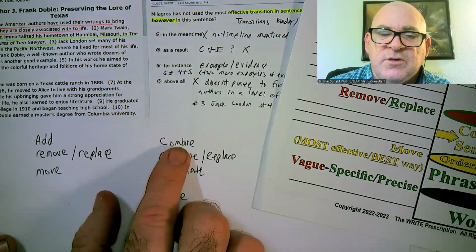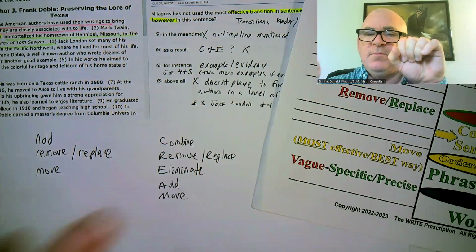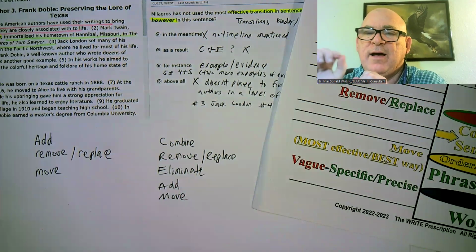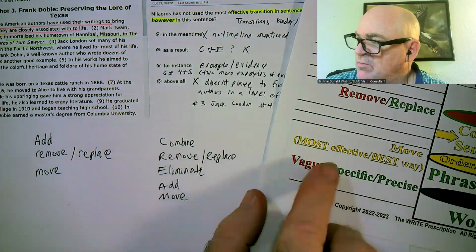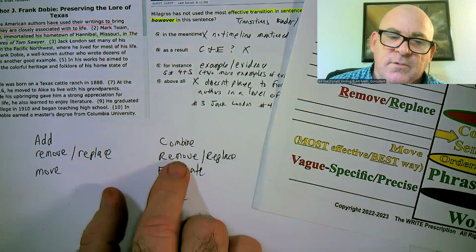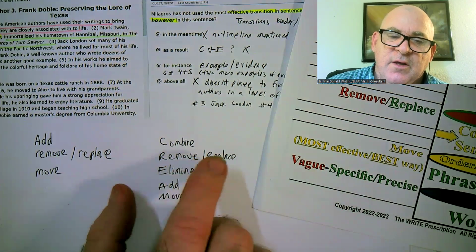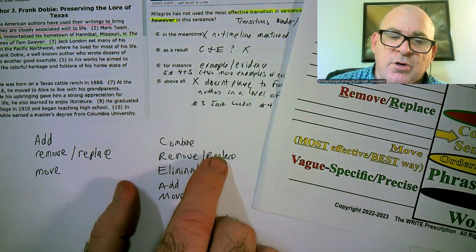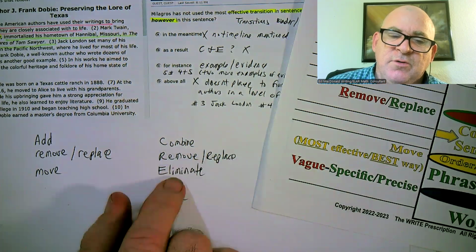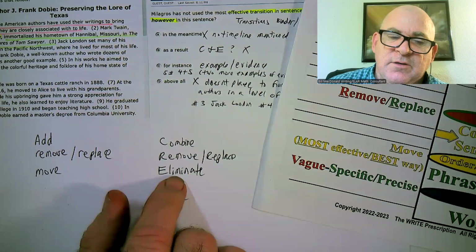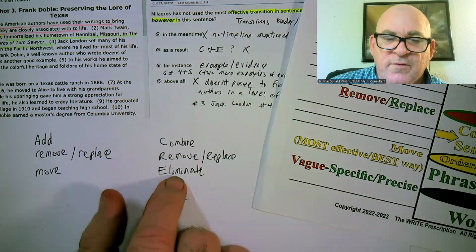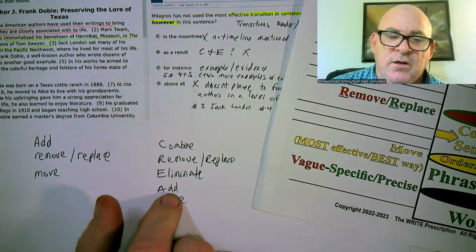To combine two sentences. Come together right now. To remove something, which we're going to be doing twice today, and replacing it with something better. To eliminate something that doesn't belong. One of these things just doesn't belong here.